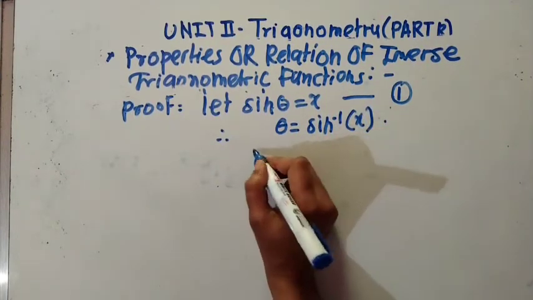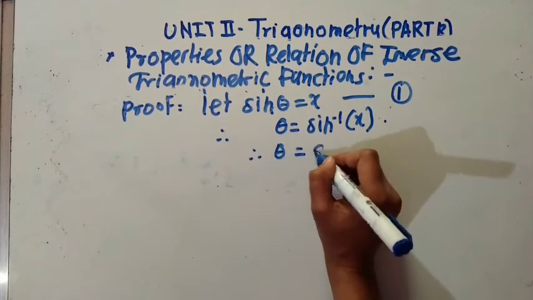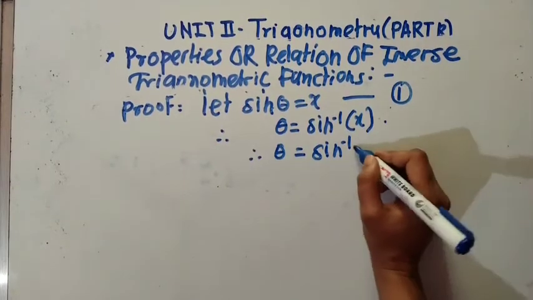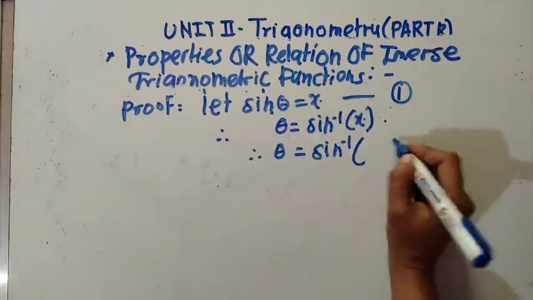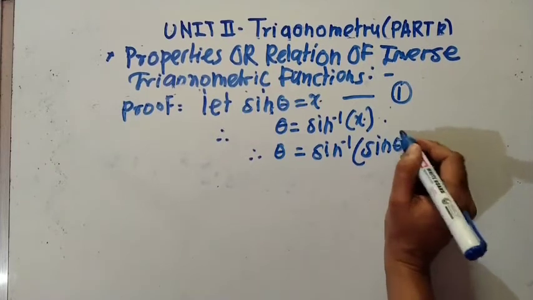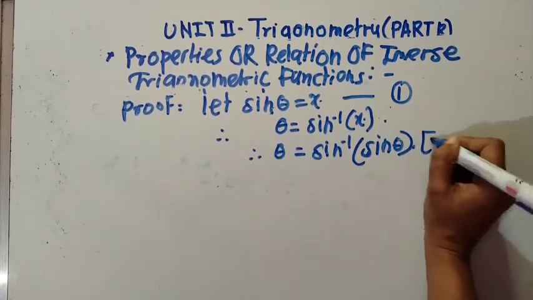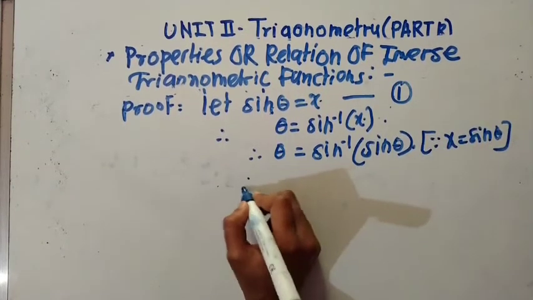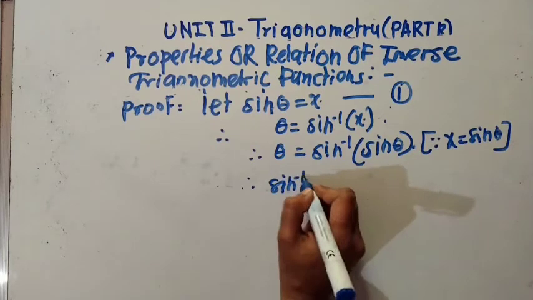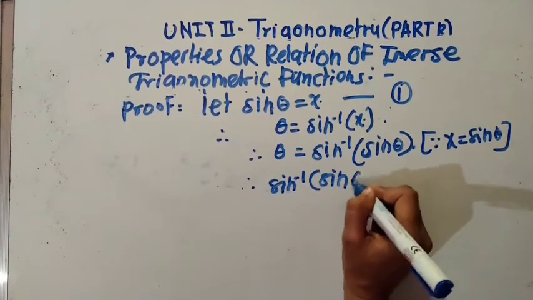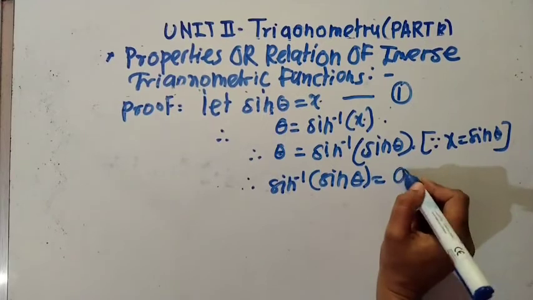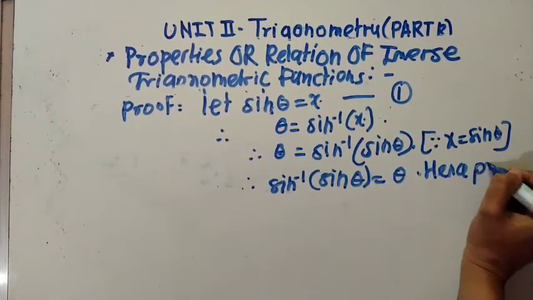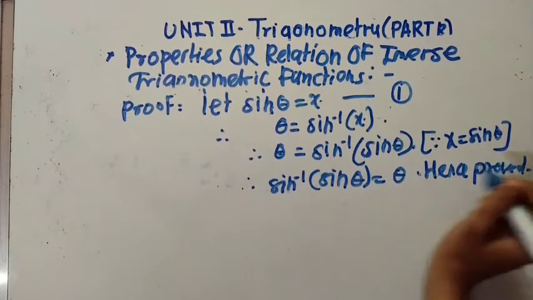Hence theta is equal to sine inverse of, but here x is equal to sine theta. So in place of x we put sin theta. Since x is equal to sin theta, hence sine inverse of sin theta is equal to theta, which is proved. Hence proved.